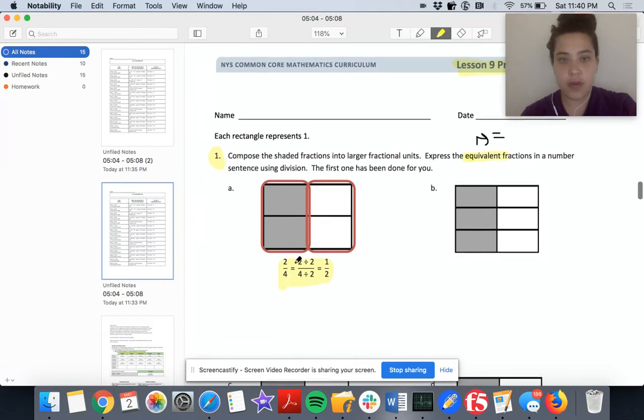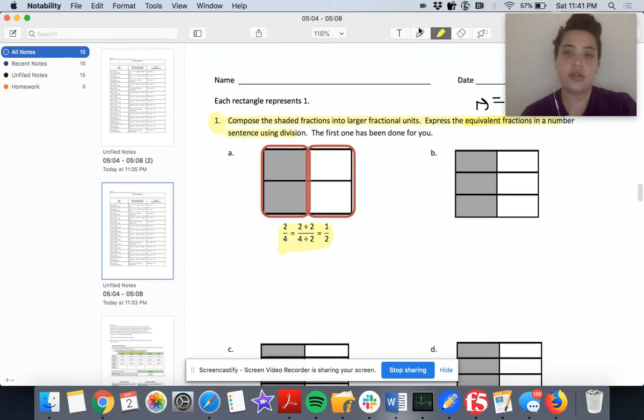Our first problem asks to compose the shaded fraction into larger fractional units, and express the equivalent fractions in a number sentence using division. Pretty much what they did for you is they first showed 2/4. How did they get that?